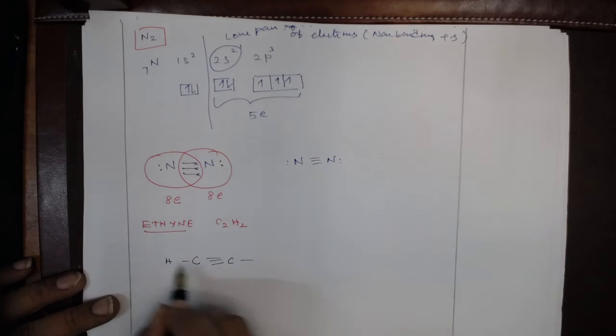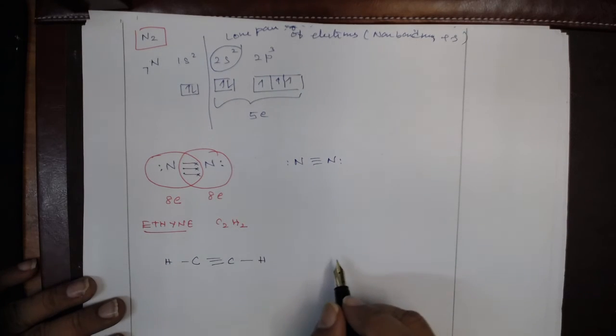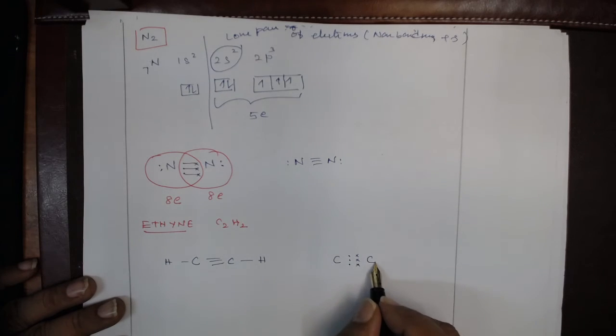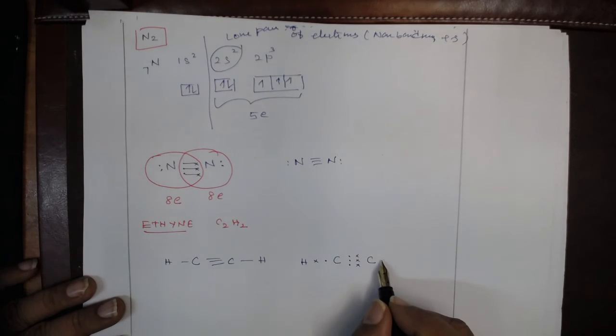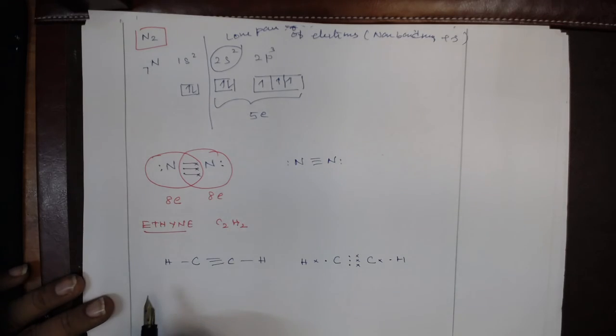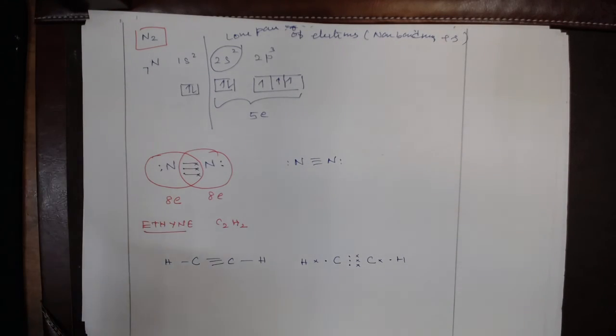This is the structure. But let us work on the Lewis structure. So C for a triple bond 1, 2, 3, and for this carbon 3. So C, and here that is 1 and hydrogen. Here that is 1 and hydrogen. Okay. Now it forms a triple bond.